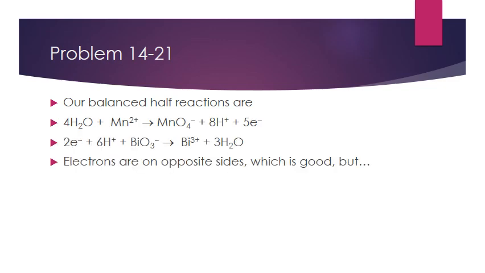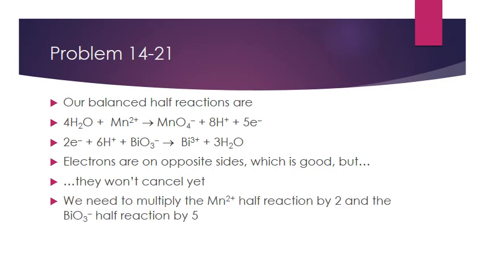Electrons are on opposite sides, which is good, but right now they're not going to cancel. The whole purpose of balancing redox reactions is to cancel electrons. We're going to have to multiply the manganese half reaction by 2 and the bismuthate half reaction by 5. That will give us 10 electrons on opposite sides.